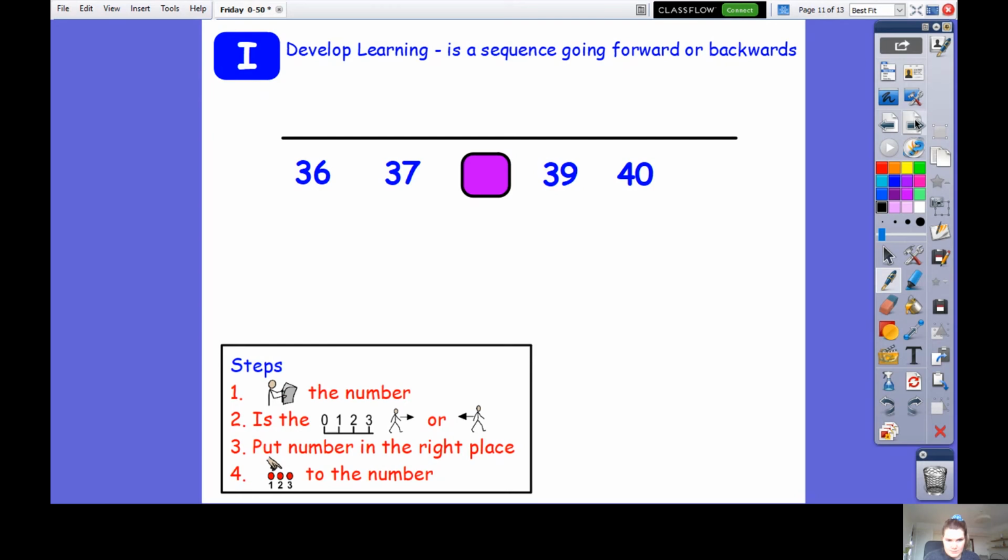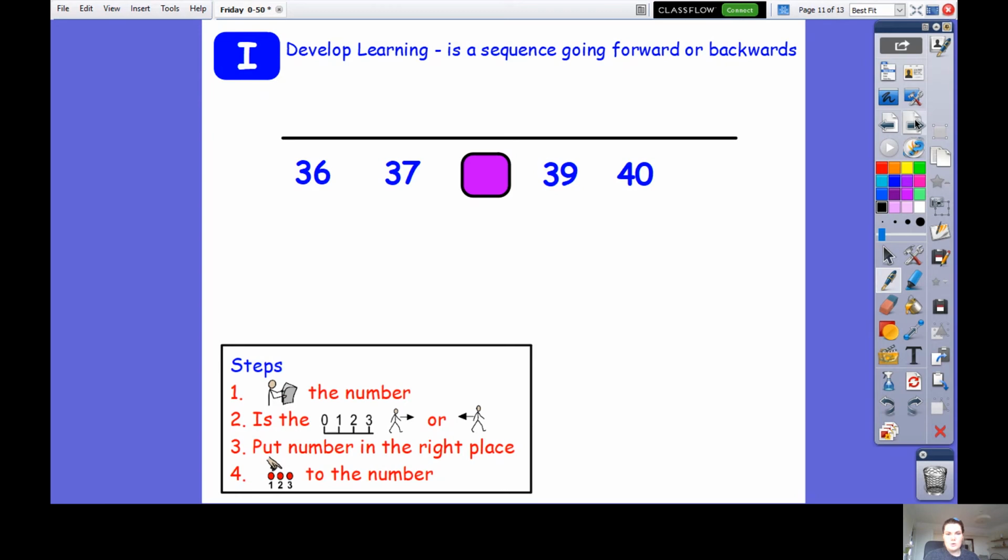Well, I can read the numbers. 36, 37, 39, 40. So now I can tell if it's going forward or backwards. It's going forwards because my numbers are getting bigger. If it was going backwards, my numbers would be getting smaller. They're definitely not getting smaller.